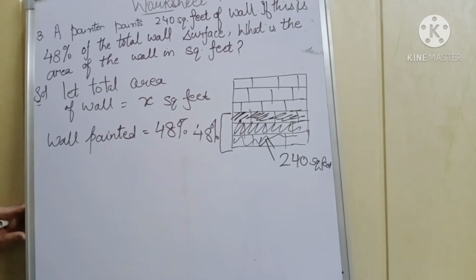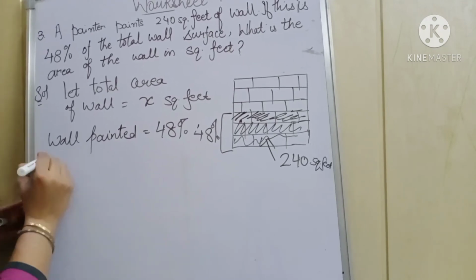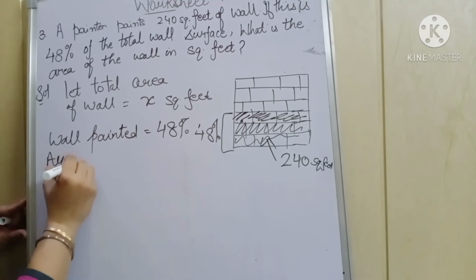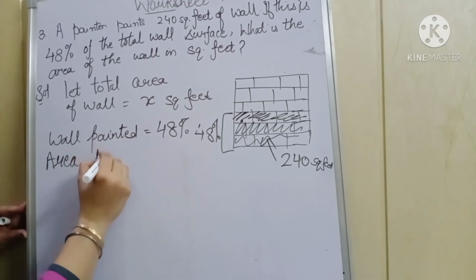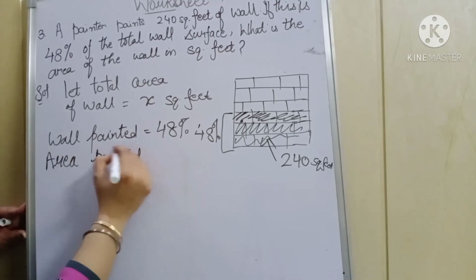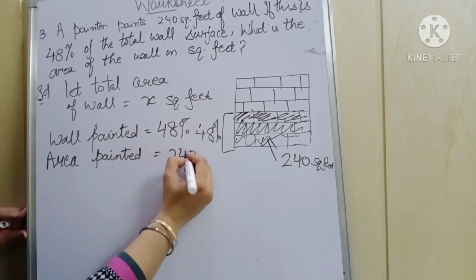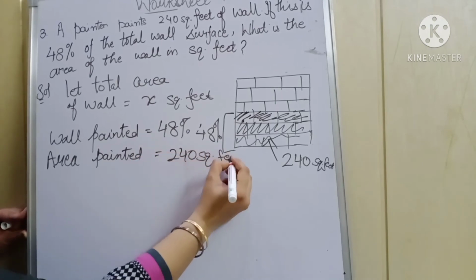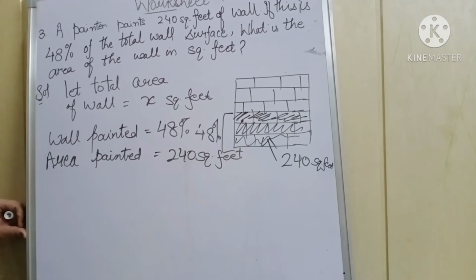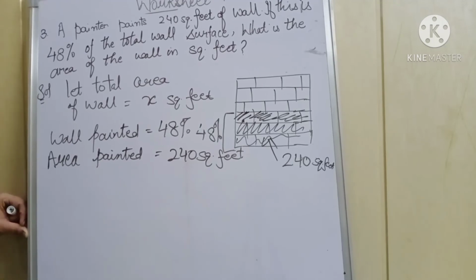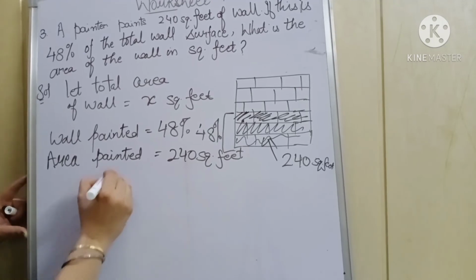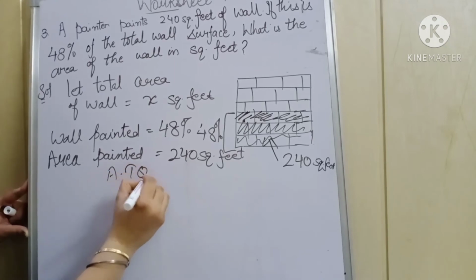Painter has painted 48%. Area painted is equal to 240 square feet. How much area is painted? 240 square feet. So according to the question, what was the situation?